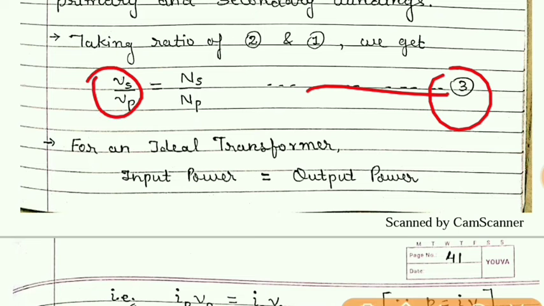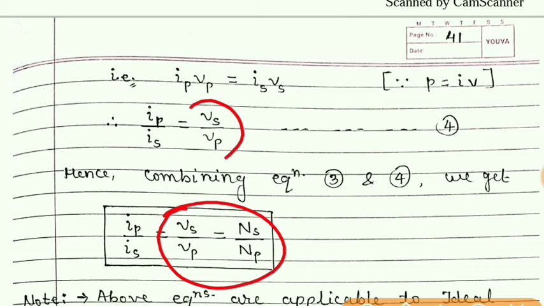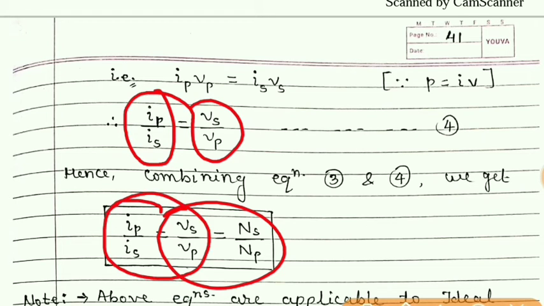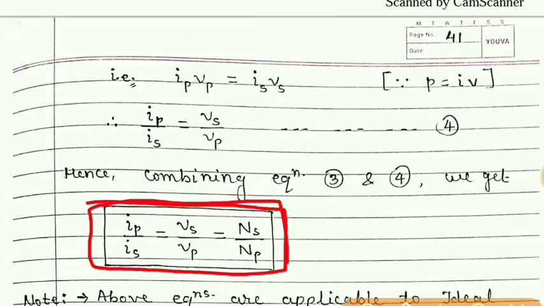Vs upon Vp is equal to Ns upon Np, that is this, as well as Vs upon Vp is equal to Ip upon Is, so is this. Vs upon Vp is equal to Is upon Ip.